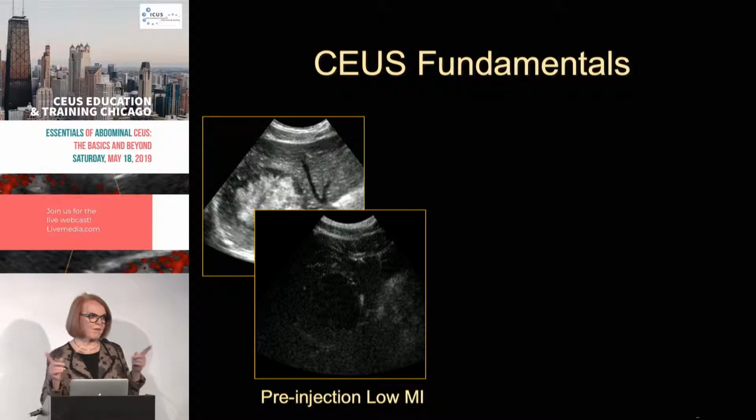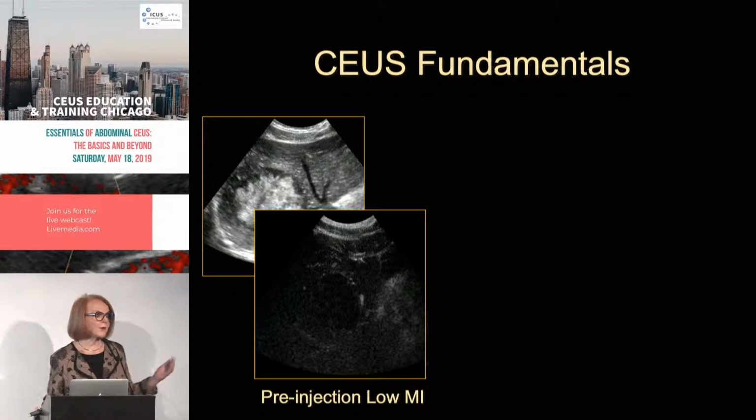Yeah, it's from fat. So this mass is very, very echogenic, but it's completely suppressed. So in my mind, I'm thinking this is a mass that's echogenic, but it's not echogenic because it's made out of fat.